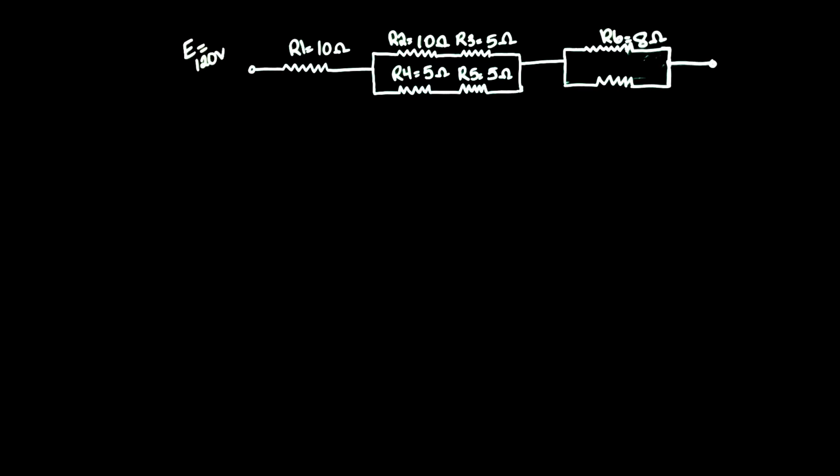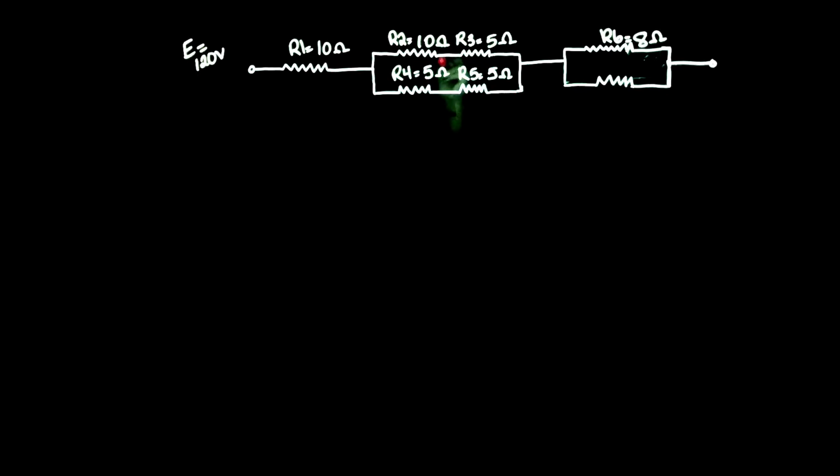So I want to now start to take this circuit and break it down to solve for resistance total. In order to do that, you need to understand which resistors are directly in series with each other and which resistors are directly in parallel. To begin with here, I want everyone to recognize that resistor 2 and 3 are directly in series.